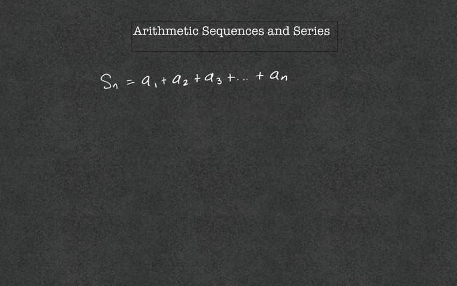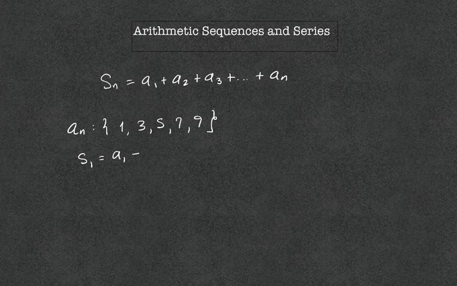For example, if we consider the sequence an: 1, 3, 5, 7, 9, then S1 would be the sum of the first term of the sequence, A1, which would be equal to 1.